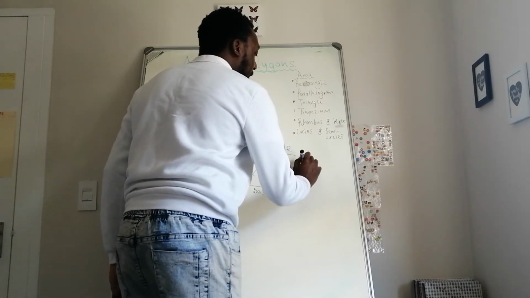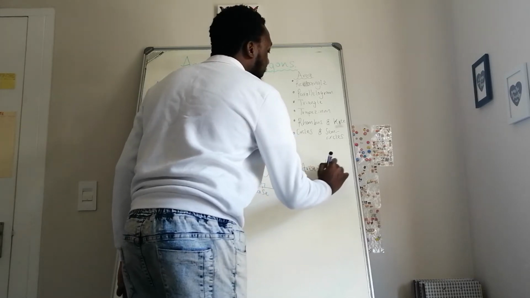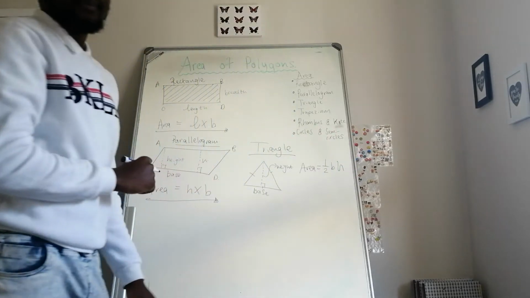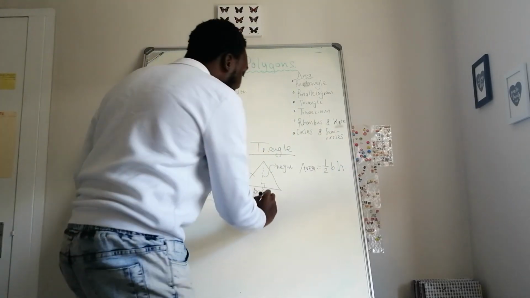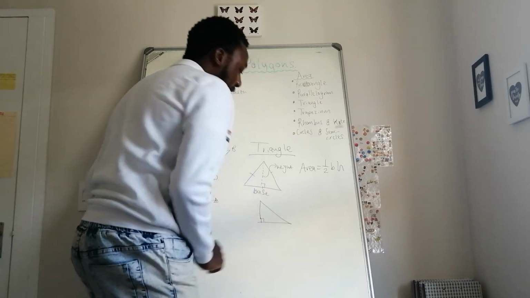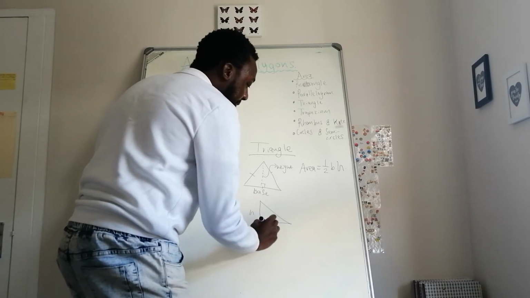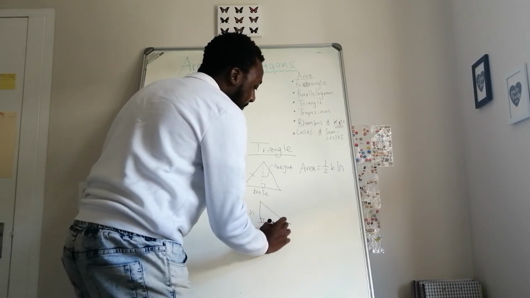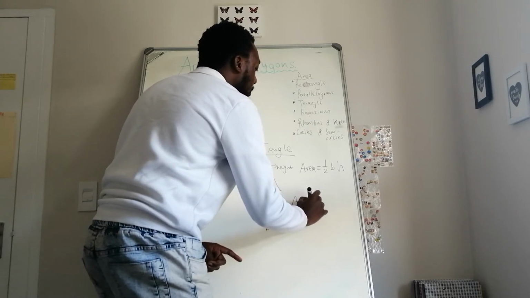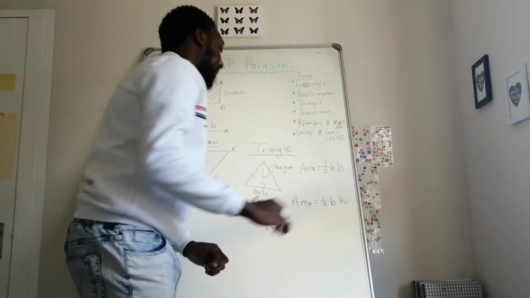And so the area is equal to half of the base multiplied by the height. It's the same if you take a right angle triangle. So that one will make 90 degrees there. So this will be my height and that will be my base. So the area of that is also still half base multiplied by height.